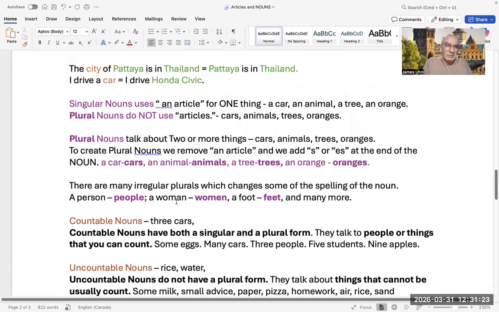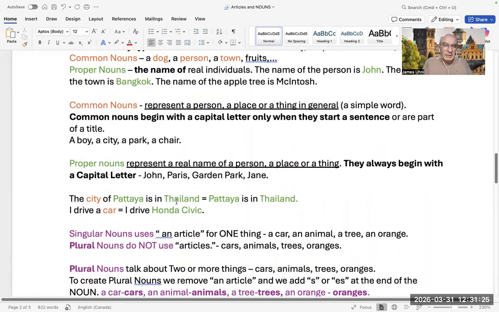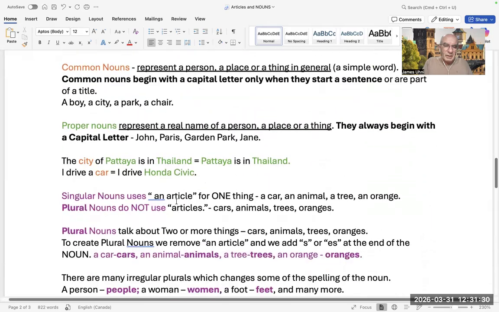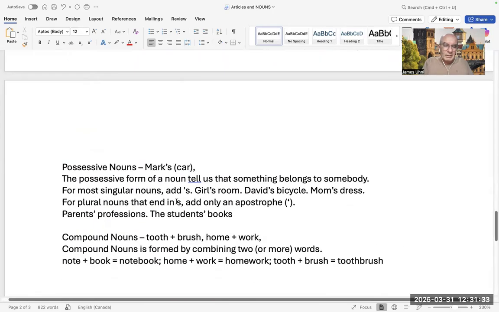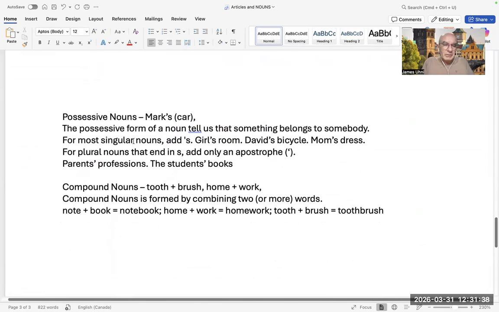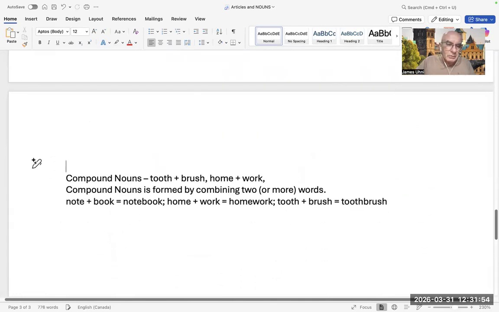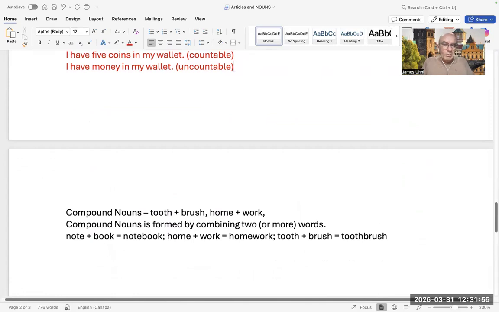So much about nouns. I hope you learn to understand that nouns are not just names, but they are much more than that. Now we have possessive nouns and compound nouns. I will take the possessive nouns away, as we will learn about the apostrophe, and I will use only compound nouns.